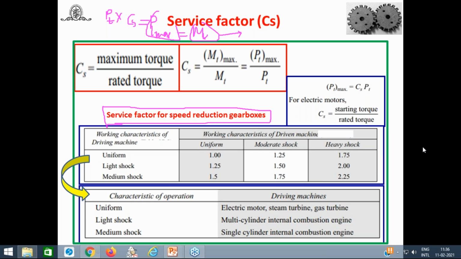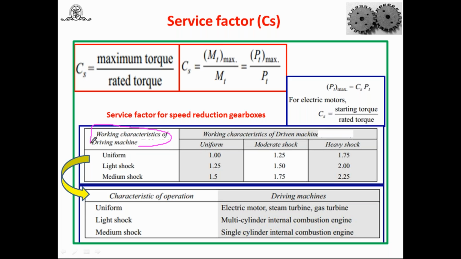But here service factor depends on a number of parameters. Working characteristics of the driving machine and working characteristics of the driven machine decide the value of service factor. Now again here, you know very well what the driving machines are: to run some gearboxes, electric motors are used, gas turbine, multi-cylinder IC engine, sometimes single cylinder IC engine.